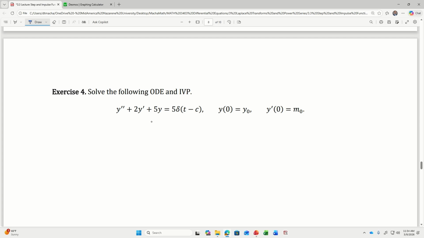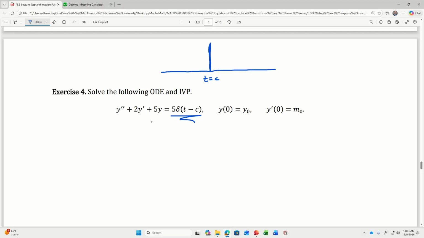And notice that my forcing function is just an impulse of magnitude 5 at t equals c. So it's going to go along at 0, completely flat at 0 until time t equals c. And I'm going to whack it with an impulse that imparts 5.